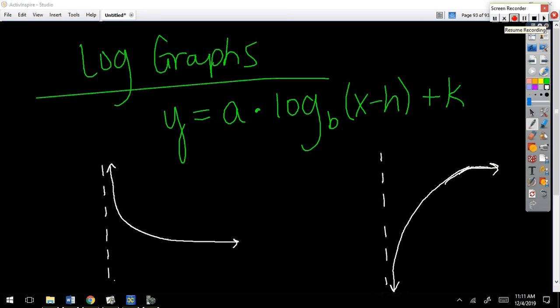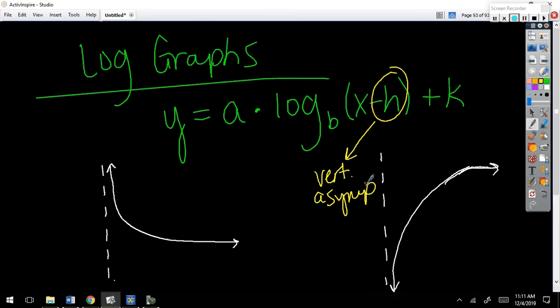Here's what you have to remember with logarithms. Everything about logarithms is opposite exponents. So instead of a horizontal asymptote, I'm talking about a vertical asymptote. Instead of it being the k on the end, my vertical asymptote is going to be my h, but it's the opposite sign.